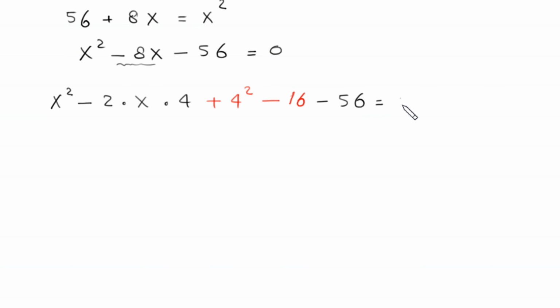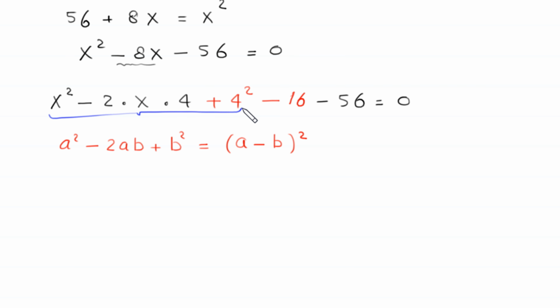is equal to 0. Now by using this algebraic identity, a squared minus 2 times a times b plus b squared is equal to a minus b whole squared. This x squared minus 2 times x times 4 plus 4 squared will become x minus 4 whole squared.